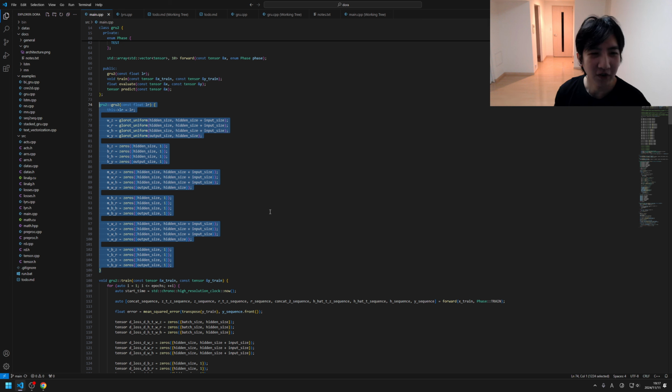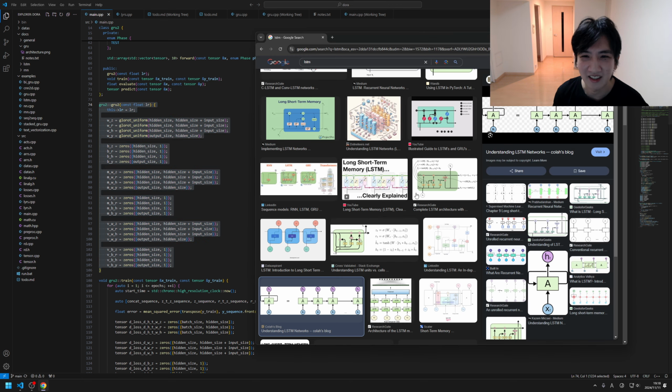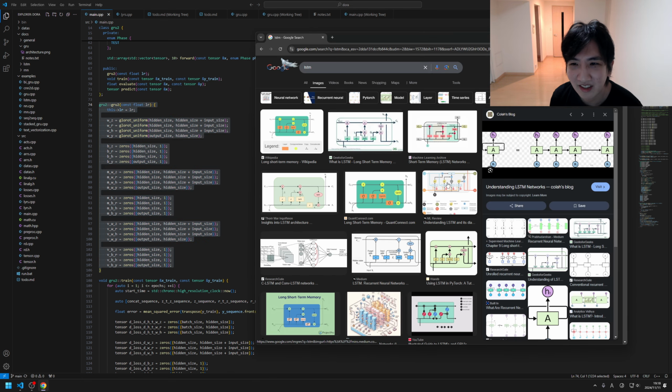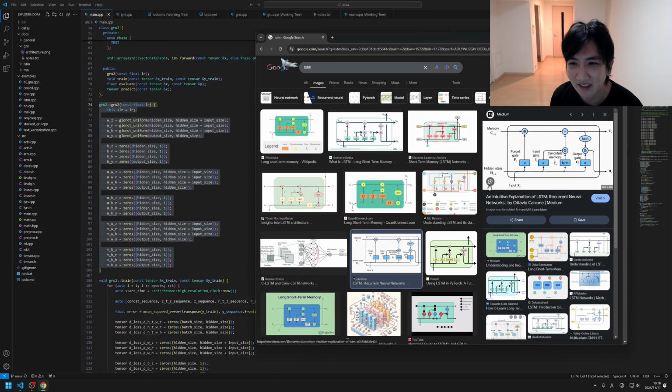In GRU, it has fewer parameters than LSTM, because LSTM has 3 gates: input, forget, and output.